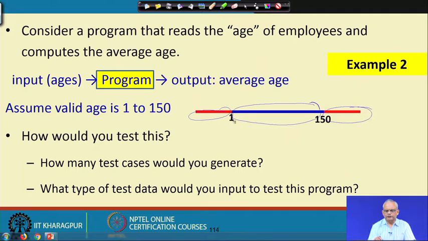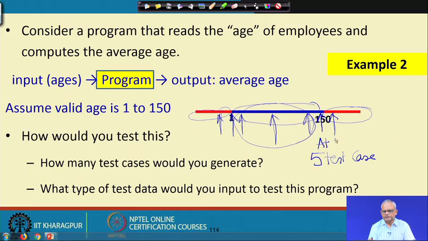Of course, we need to include the boundary value, one below the boundary value, one above the boundary value, and of course, we can combine these two. We can select a value anywhere here. So, there will be at least 5 test cases for boundary value testing.